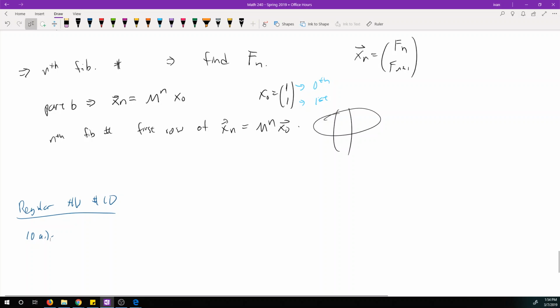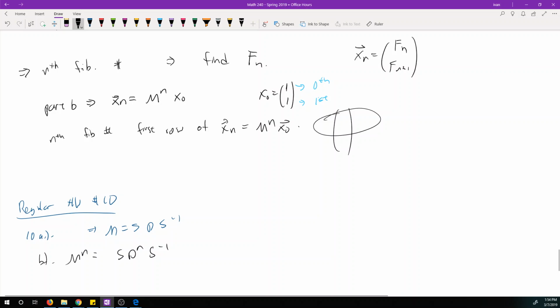So in 10A, you get M is equal to SDS inverse. And in part B, you want to find M^n, but that's just S D^n S inverse. So just take the middle diagonal matrix, raise it to the nth power, and then multiply them all out.